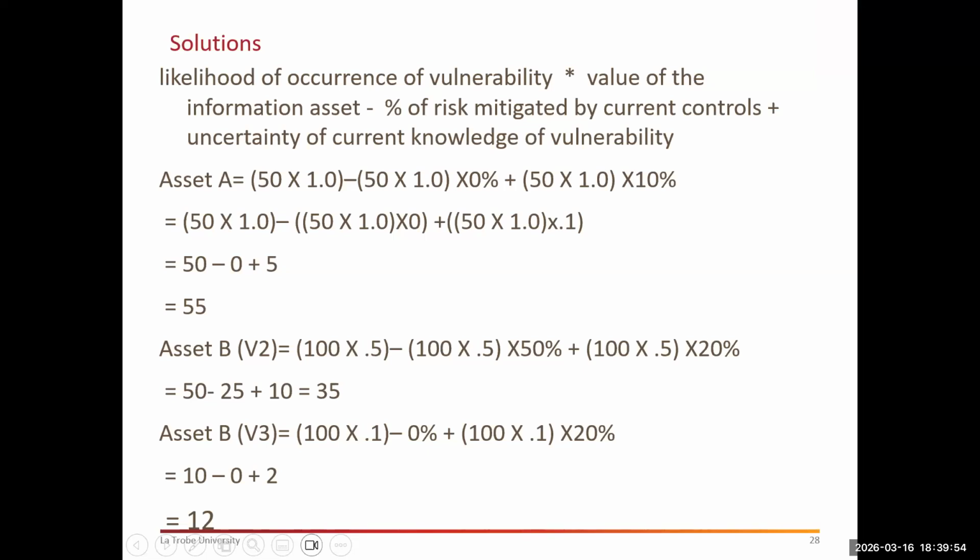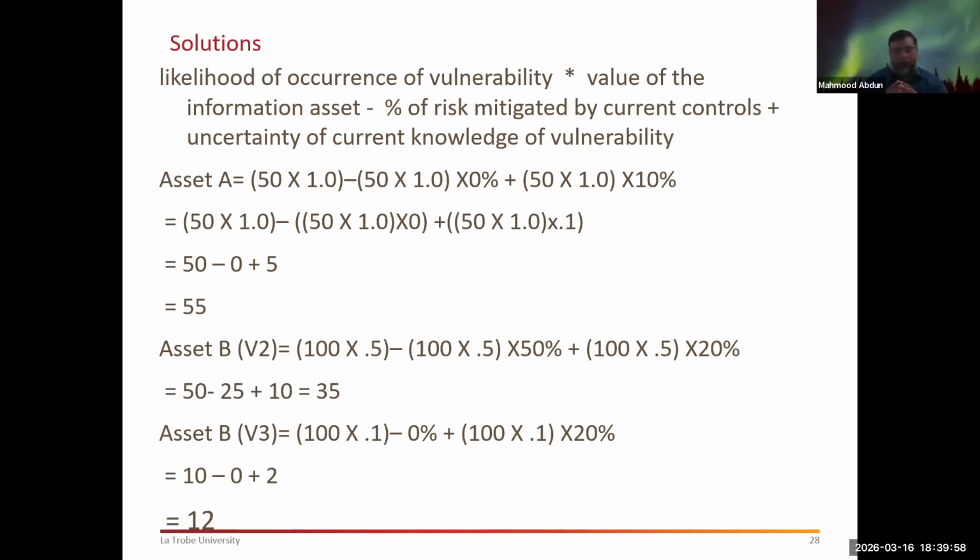Sorry, can I just check why you add the uncertainty as an additional risk? Okay, the uncertainty is an additional risk because you're not completely confident about the accuracy of your estimates. So we are erring on the side of caution rather than relying purely on our estimates.